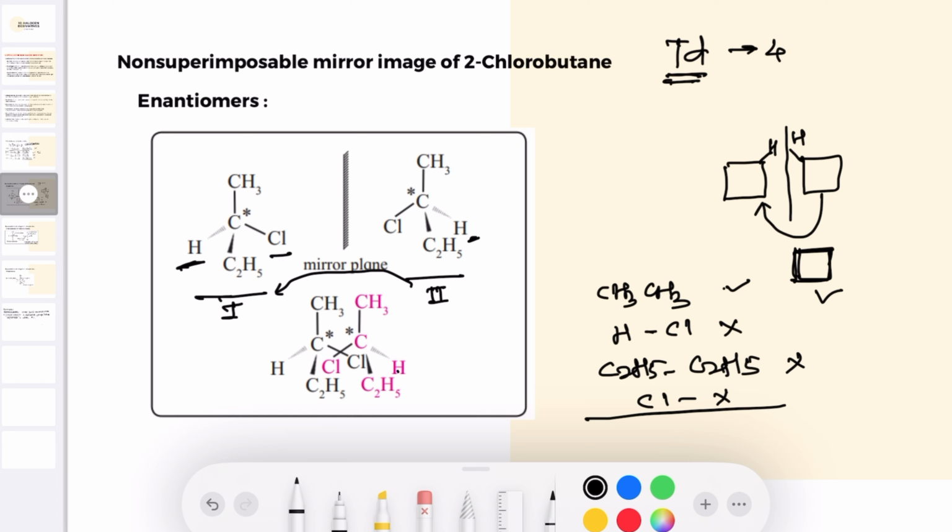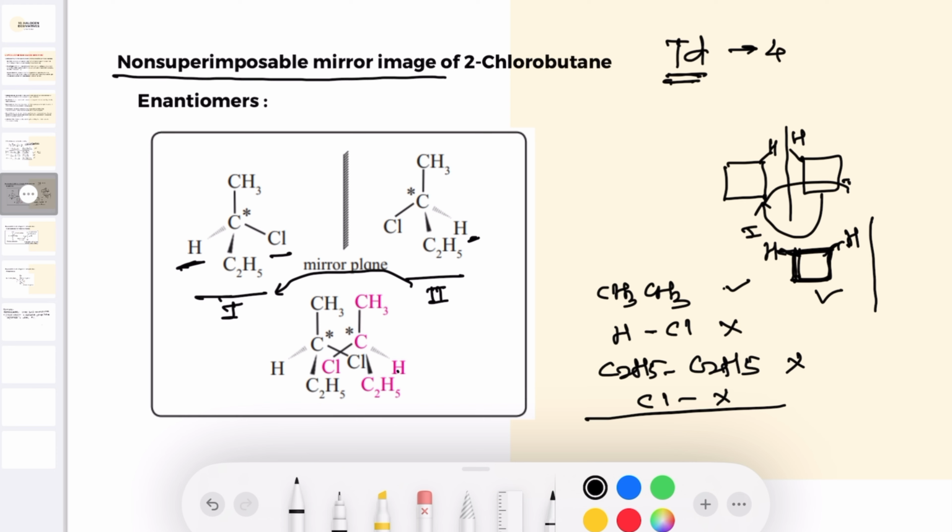If we place the mirror image of this compound on the first image, the positions of the hydrogens change. That means the bond connectivity is the same, but the mirror image shows a different arrangement of atoms. Such mirror images are called non-superimposable mirror images.